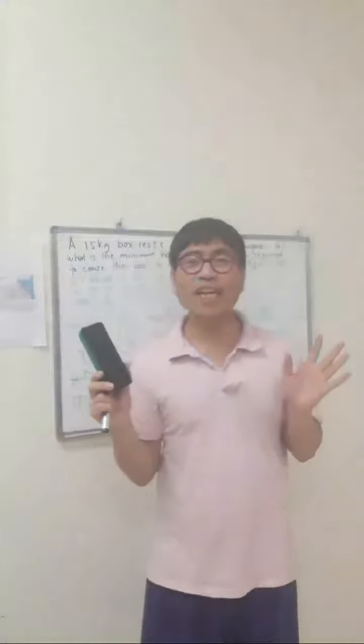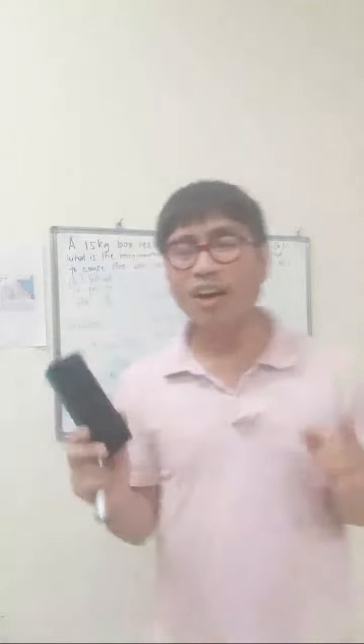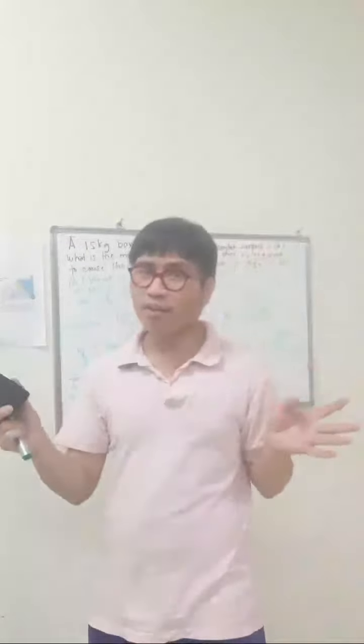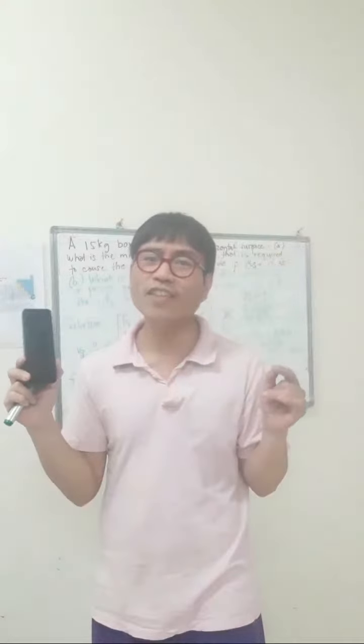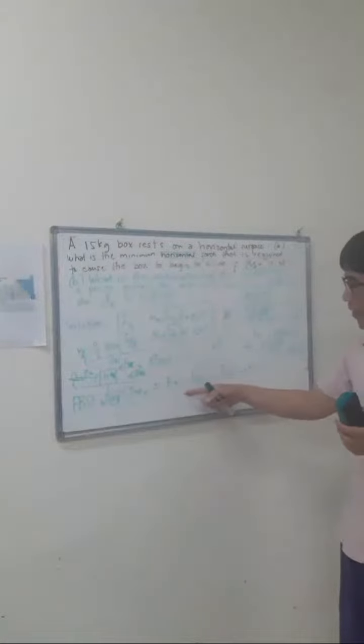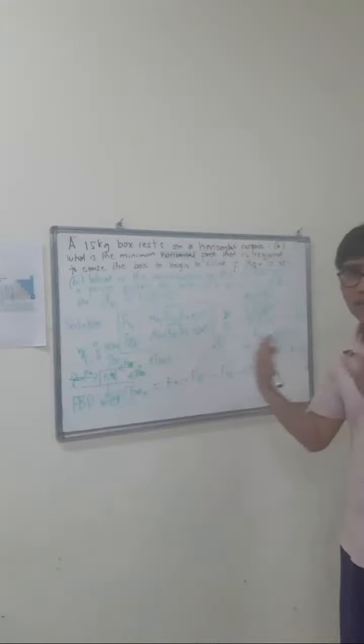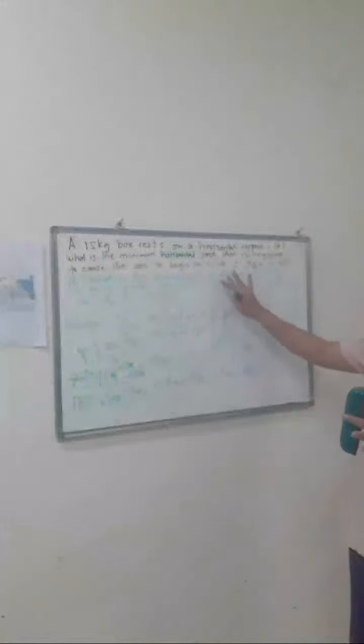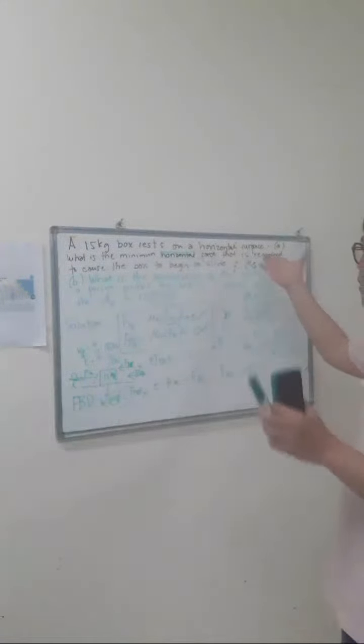Take note, this is to emphasize to you guys that you should not be misled in this particular kind of problem. If you are very intelligent, you go directly to this: FA minus FFS, which I wrote also. But this is not true in this problem. Can you see the problem?